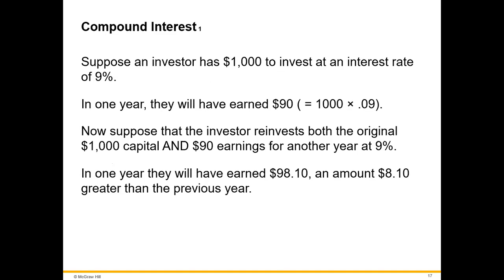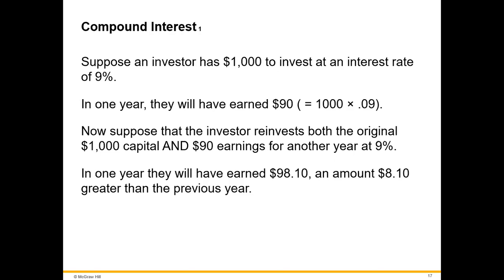What does this mean? Interest after the first year is calculated on original principal plus interest earned to the beginning of that period and part of that investment. So suppose an investor has $1,000 to invest at an interest rate of 9%. In 1 year, they will earn 9%. But the second year's interest won't just be calculated on $1,000, but $1,000 plus the $90 from the first year's interest, $1,090.